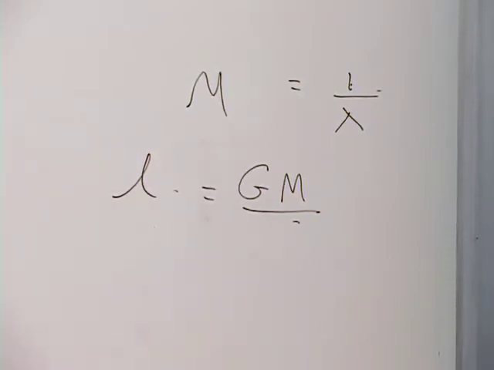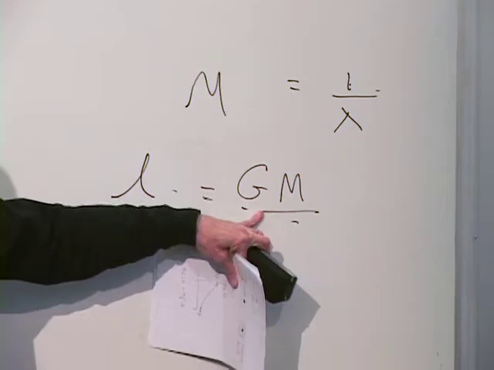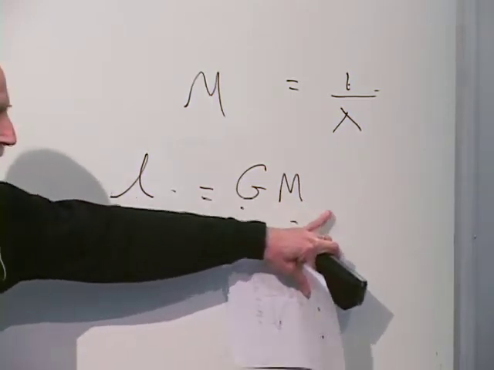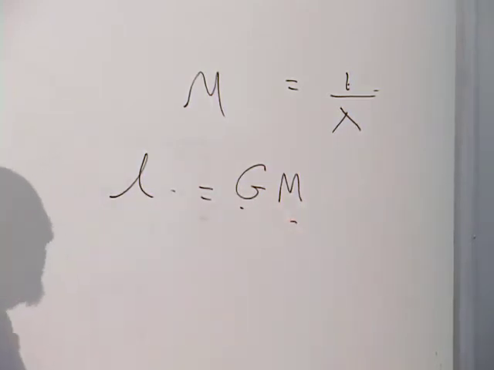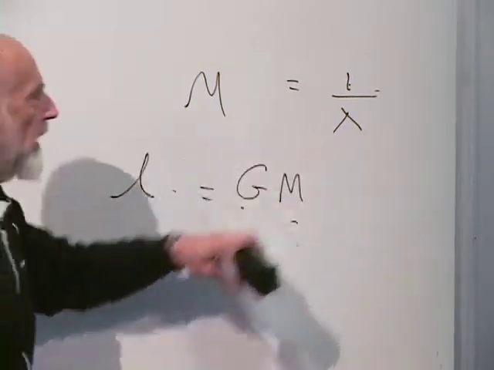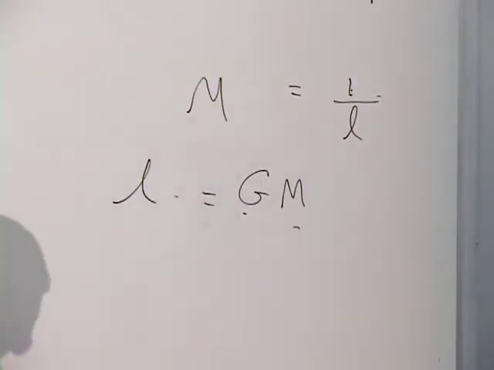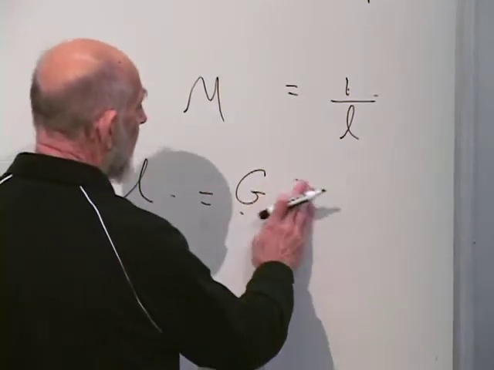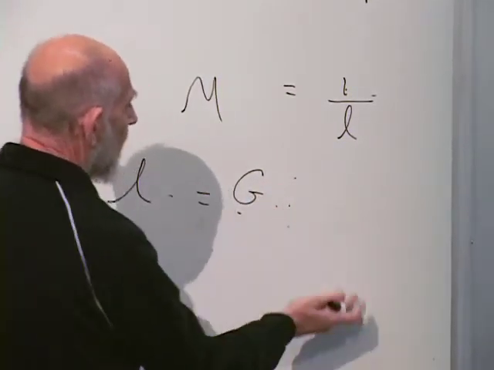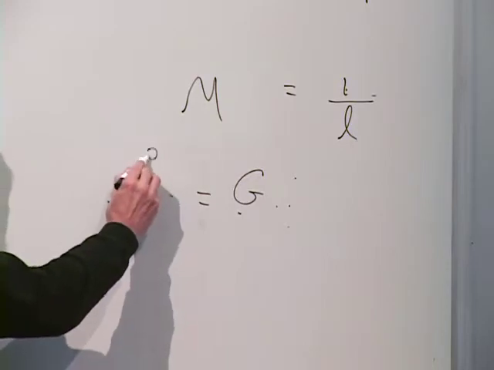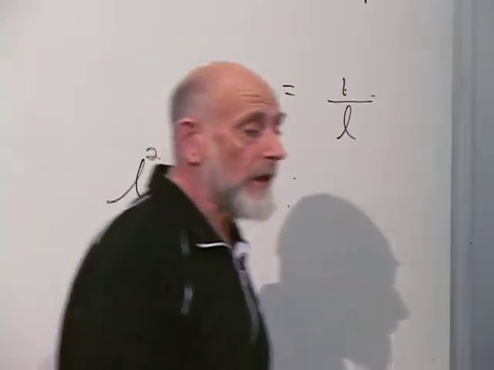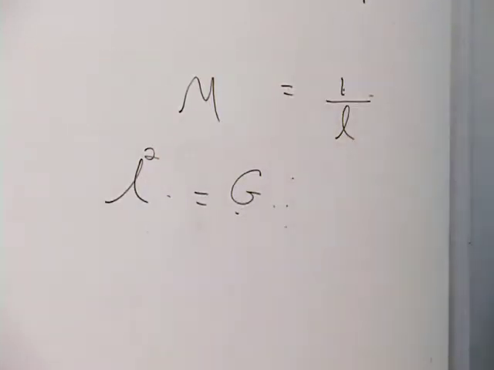That's the radius, this is the Schwarzschild radius, or proportional to the Schwarzschild radius of a black hole. But now, a mass is 1 over a length, inverse length. And so we can write that the mass is 1 over a length, transfer it to the other side, and we discover that in these units, G has units of an area.